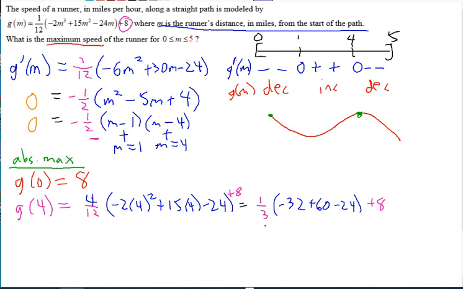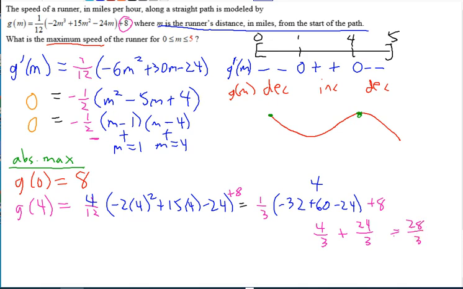So that's 1/3 times, 60 minus 56 is 4. So this works out to be 4, so this becomes 4/3. Plus 8 is 24/3. Gives you 28/3.